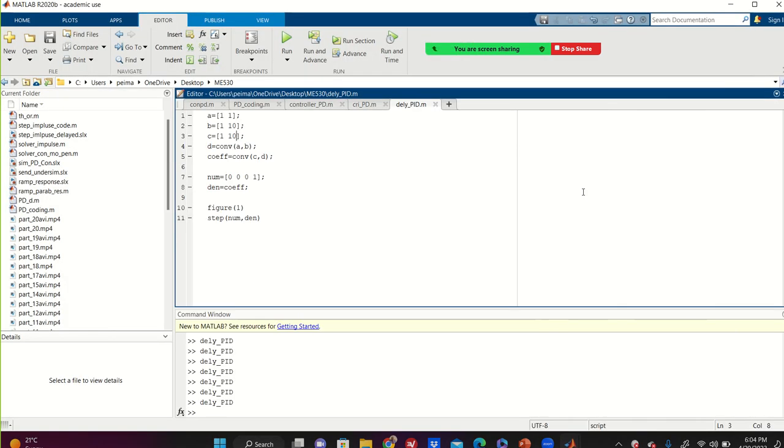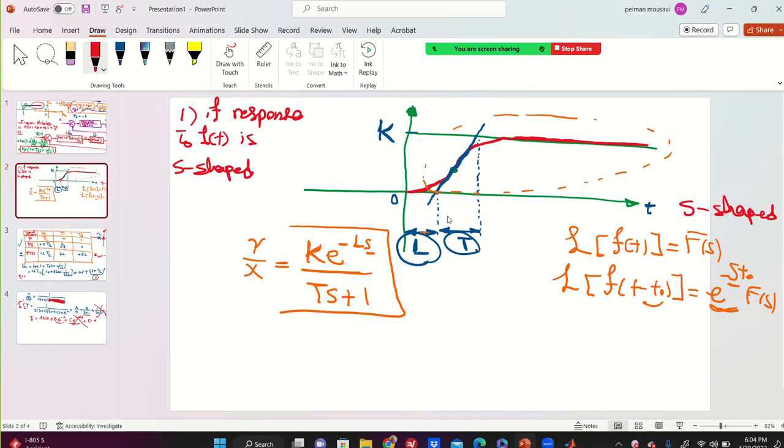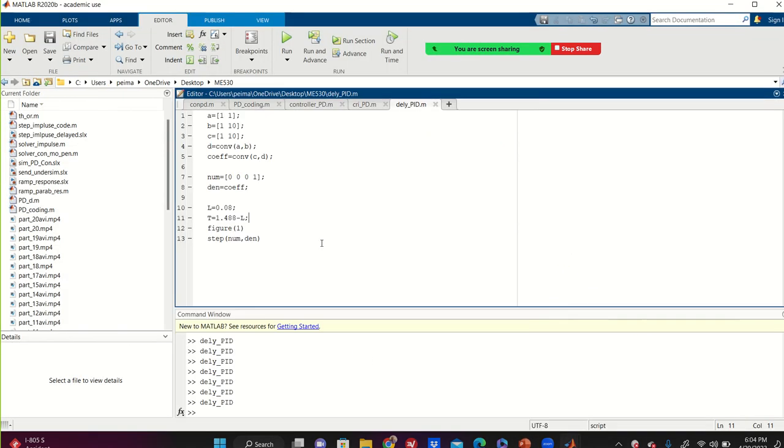So let me write it down here. MATLAB code. So your L is 0.08, and your T that we found from the graph was 1.488 minus L. That's right? Because remember, L is from here to here, so you have to subtract L. Everybody clear? Yes?